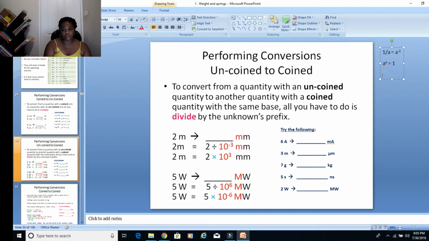Then it's pretty much like this. 1 over a is equal to a to the 0 divided by a to the 1. Right? Because remember, if you're just a by yourself, then you are a to the 1. Correct?